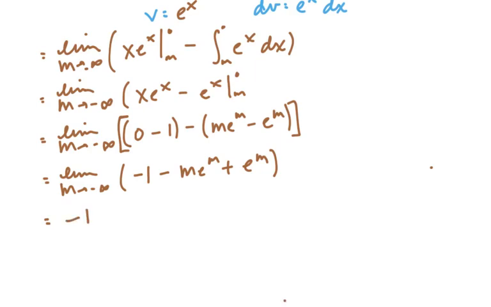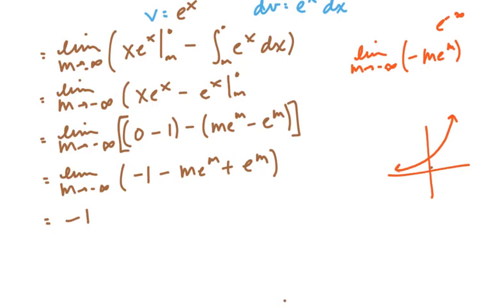Now let's take a note over here and look at the limit as m approaches negative infinity of the term negative m e to the m. Now remember, e to the m is e to the negative infinity. And if you think about e to the x, the graph looks like this.